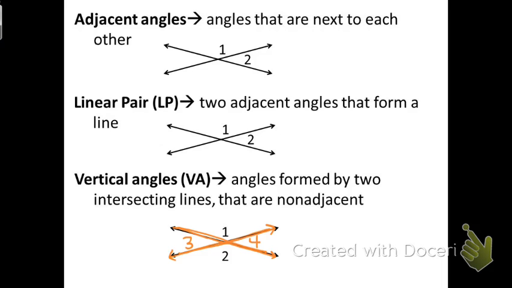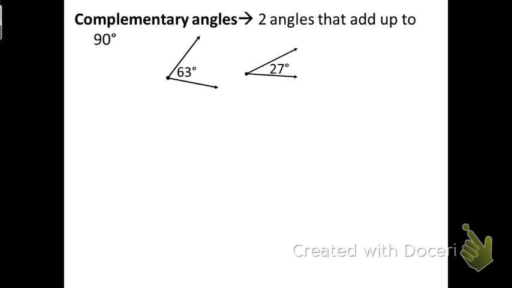The other thing that we can determine about vertical angles is if angle 1 was, say, 150 degrees, angle 2 would also be 150 degrees. So we say that these two angles are congruent because they are exactly the same measure. And we could also say that with angle 3 and 4 on that picture.